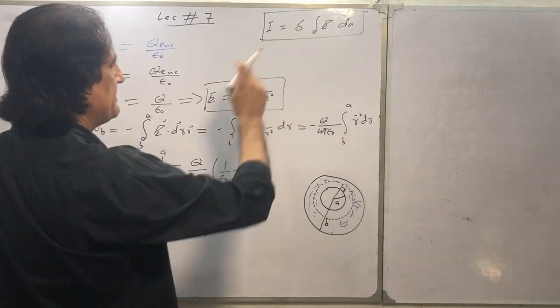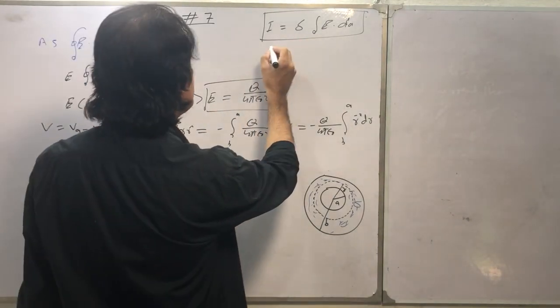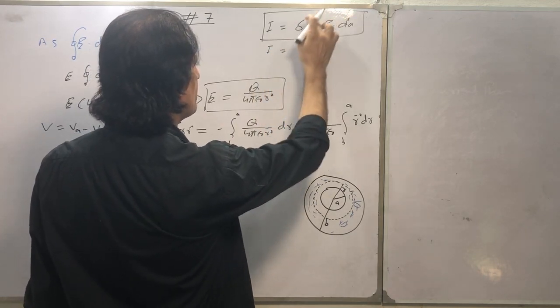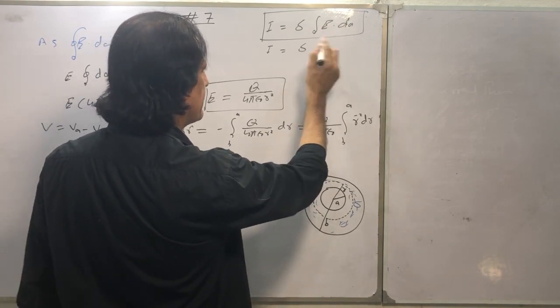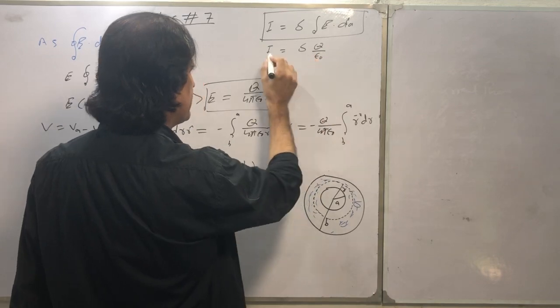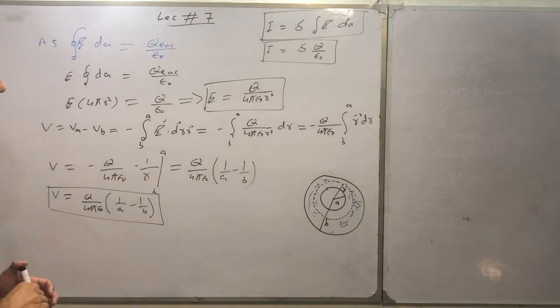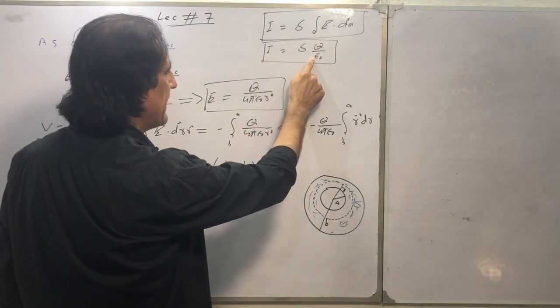From this equation, the current is equal to sigma times the integral of E dot dA, and the integral of E dot dA equals the charge enclosed over epsilon naught. Now I is equal to sigma Q divided by epsilon naught.